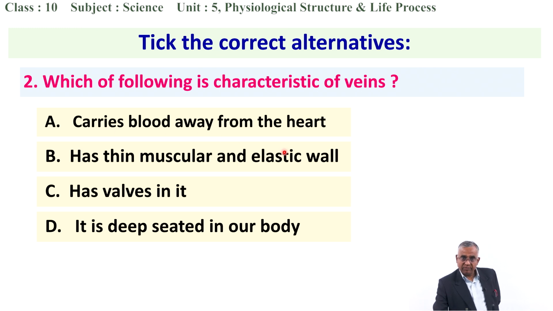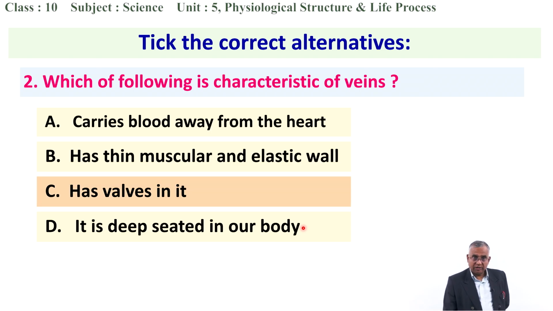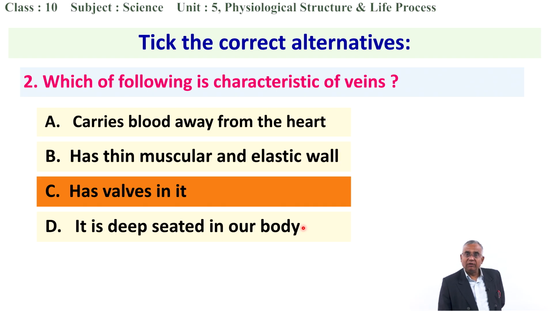Carries blood away from the heart, has thin muscular and elastic wall, has valves in it, or is deep seated in our body. Think a little. Here it is shown in different color, green is coming here: has valves in it.